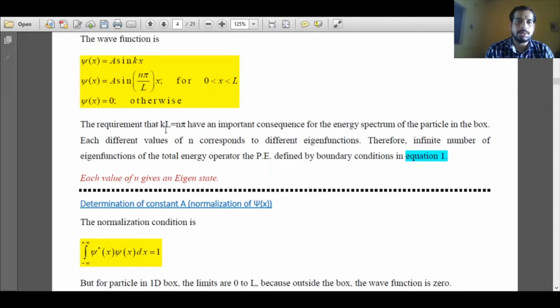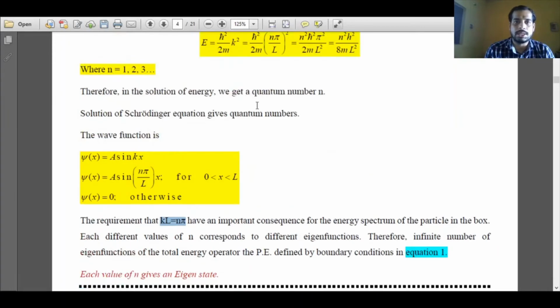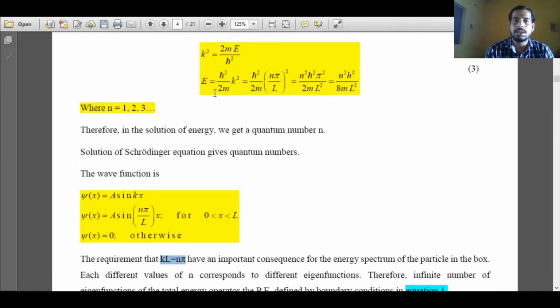Now, when we substitute KL is equal to n pi, we get an important consequence: the energy spectrum is discrete. For the energy value we are getting n square h square by 8 m L square, so the energy depends upon n. When the n value increases, the energy will also increase. So we are getting discreteness in energy.